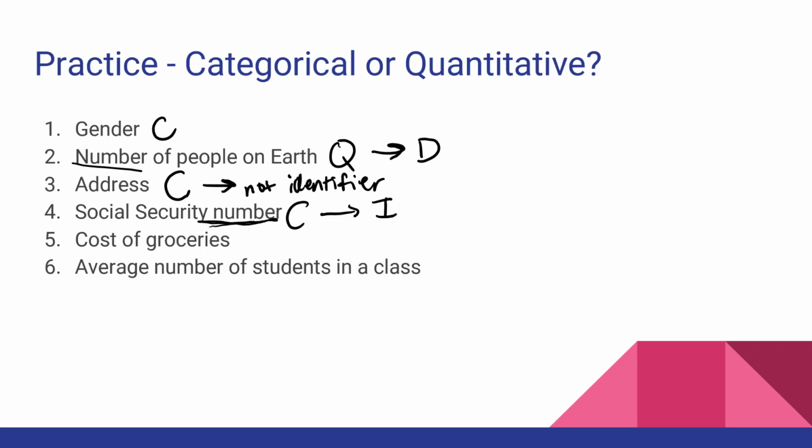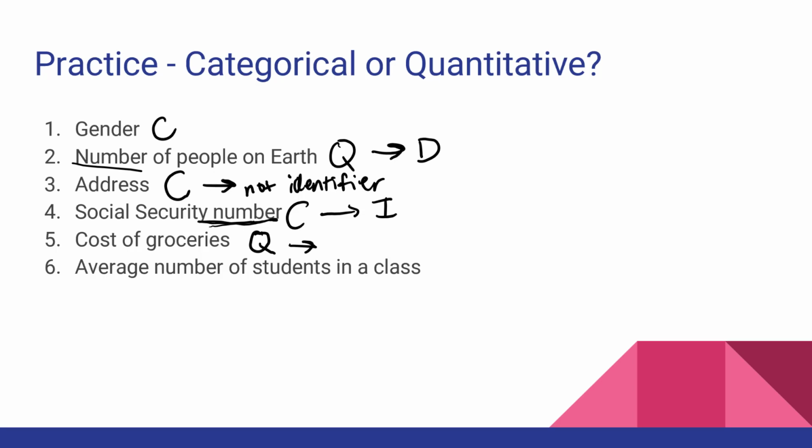So next we have the cost of groceries. So cost of groceries is obviously a number. You would do math on your cost of groceries, so average cost of a trip to the grocery store, etc. So that would be quantitative. And is this discrete or continuous?